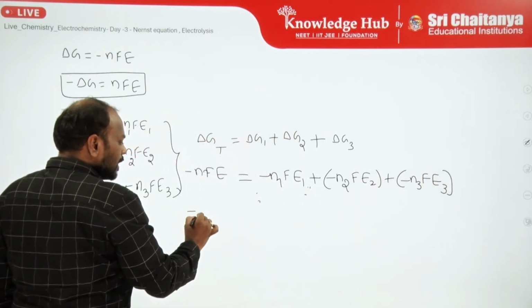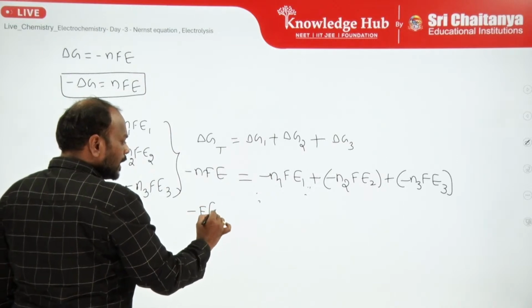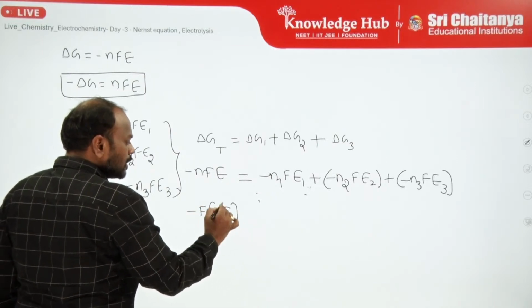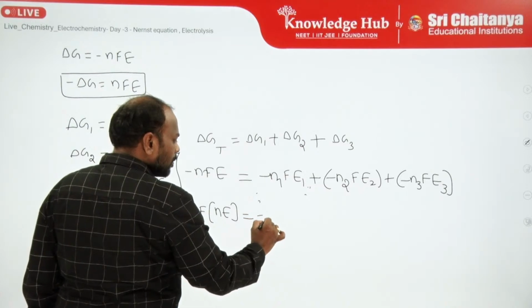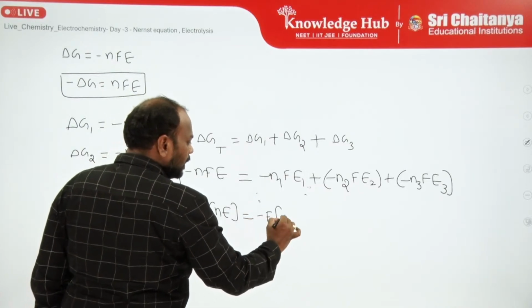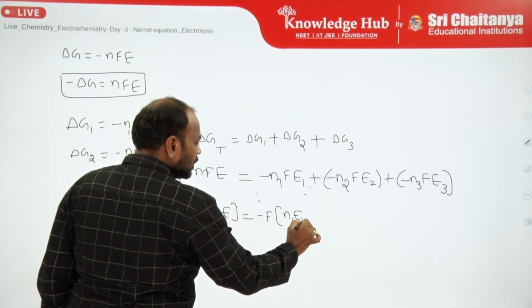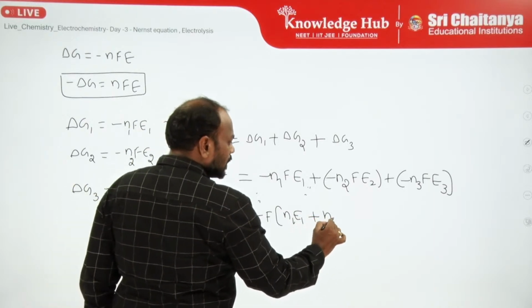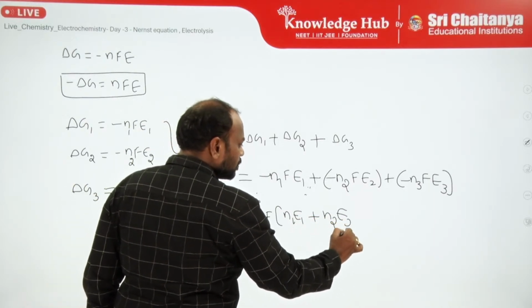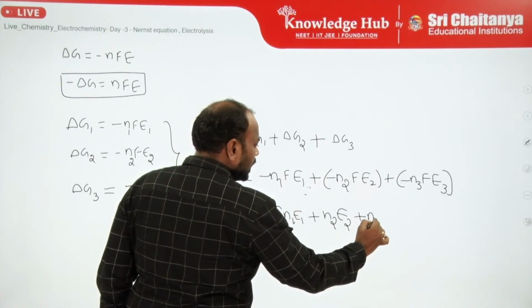Minus F is common on the right side. So nE equals n1E1 plus n2E2 plus n3E3.